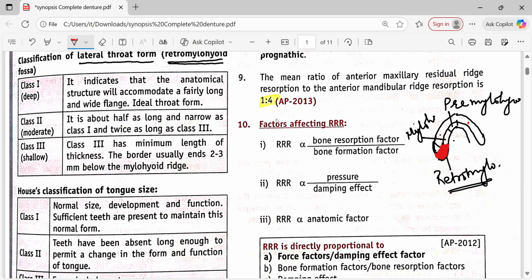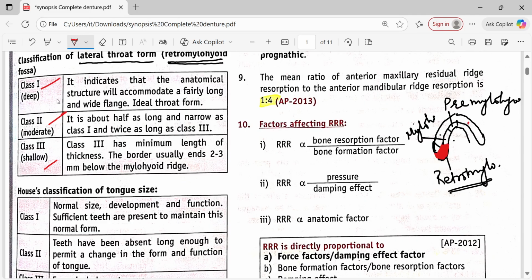And that's why we classify this lateral throat form. How do we classify this area? We classify it as class 1, class 2 and class 3. Always remember class 1 will have more retention than class 2, and class 2 has more retention than class 3.